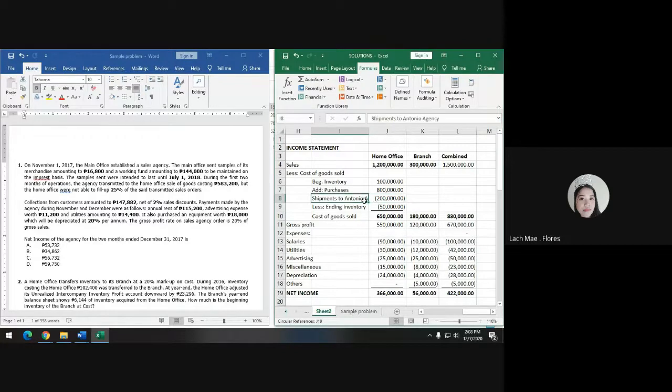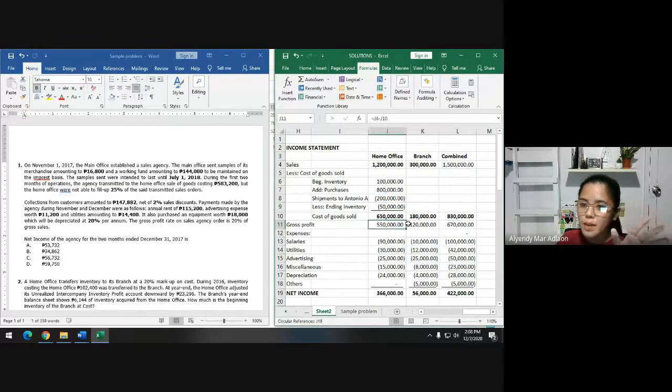This amount would not be reflected in the combined financial statements, but it doesn't mean it is no longer deducted. It has the same effect as to the total. But as to the presentation, you will not see shipments to Antonio Agency. As to the cost of goods sold, it will have the same amount.